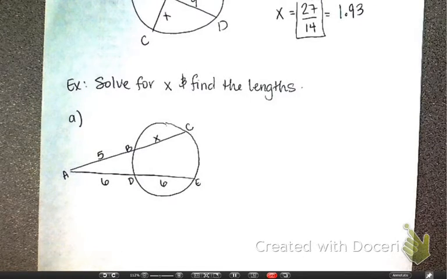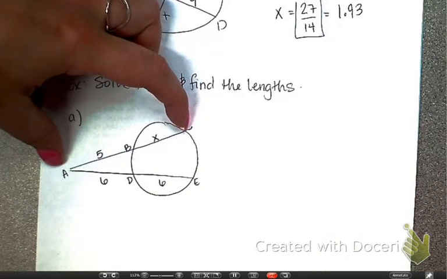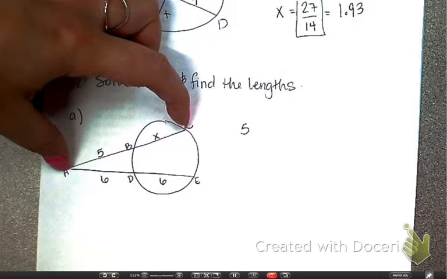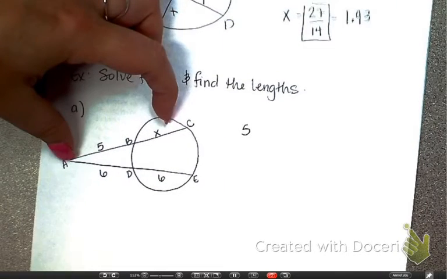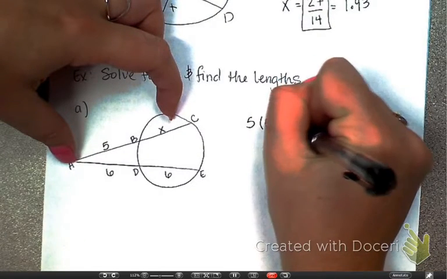Okay. So the secant product theorem says the outside piece times the whole thing equals the outside piece times the whole thing, right? So let's start with this secant. So the outside piece is 5. What's the length of the whole thing? 5 plus x plus 5, doesn't matter how you write that because it's plus.